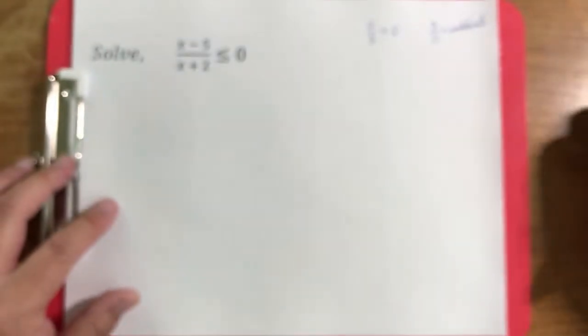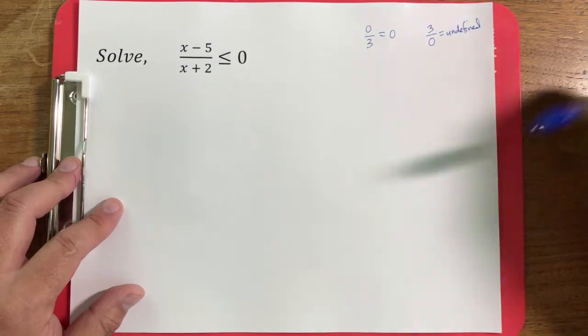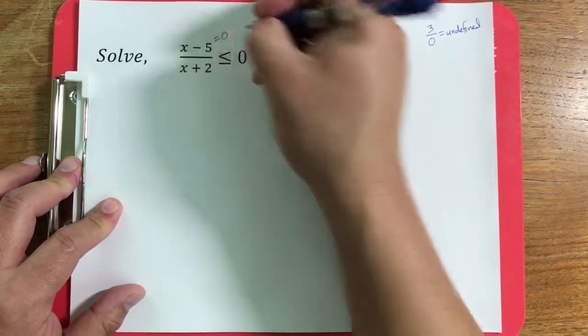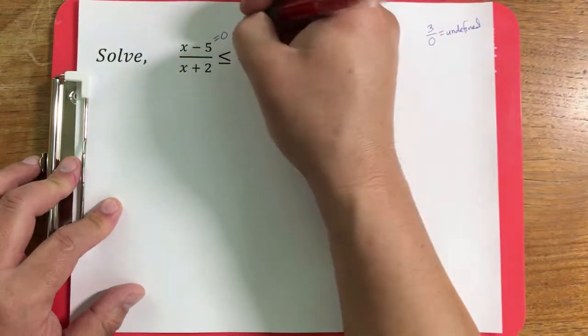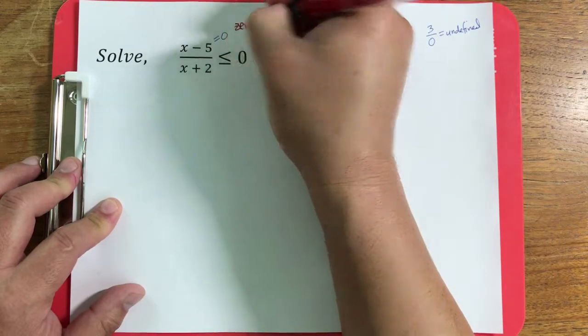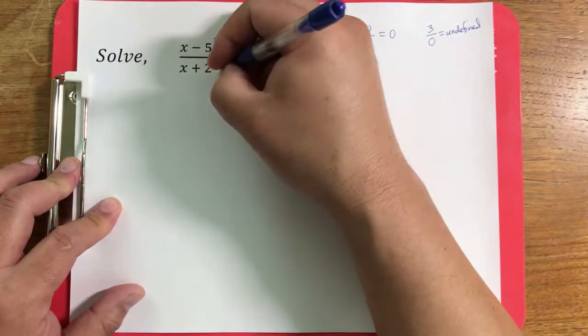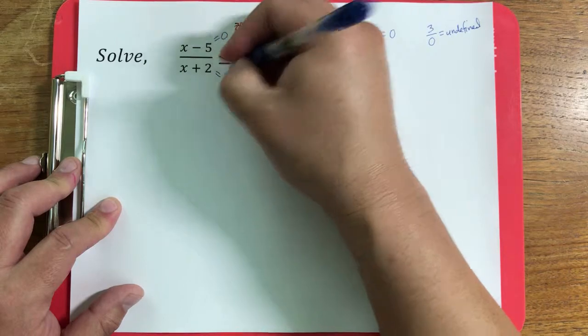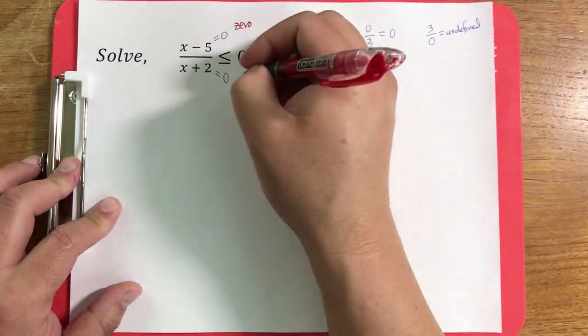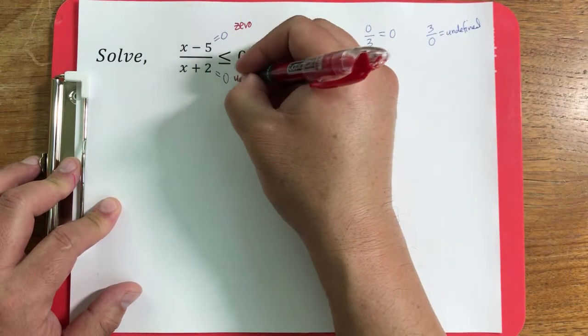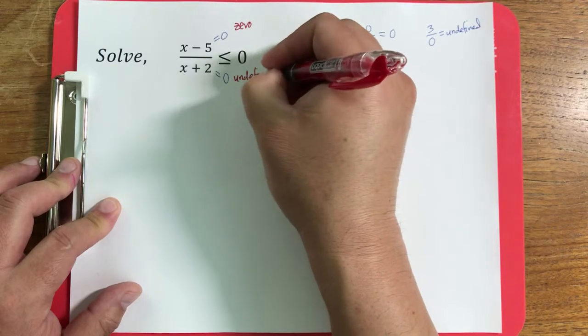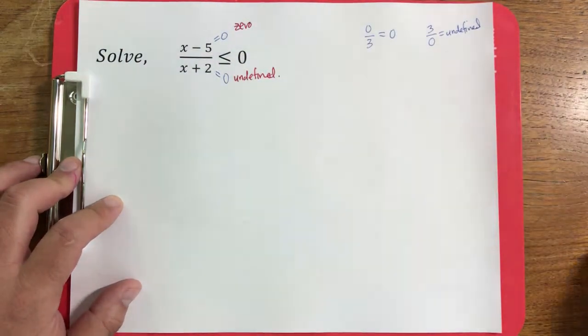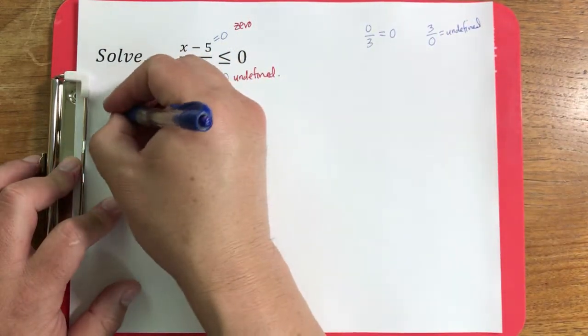Okay. So if the top part is equal to 0, the numerator is equal to 0, that gives me a 0. And if the bottom is equal to 0, so if the denominator is equal to 0, that gives me an undefined. So the first thing I want to do is I want to find our zeros.